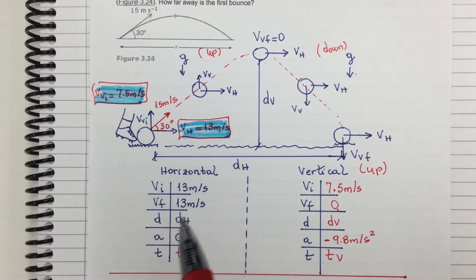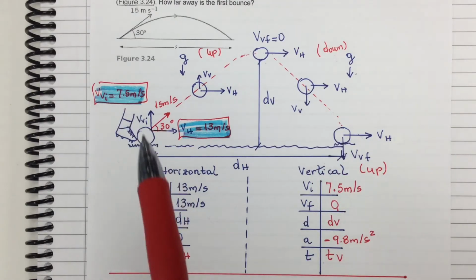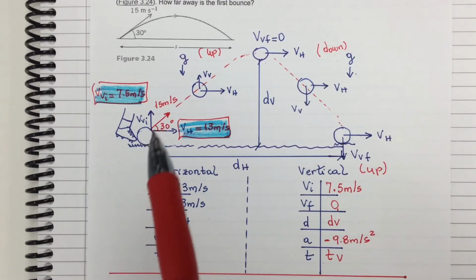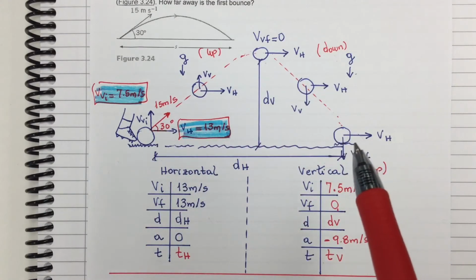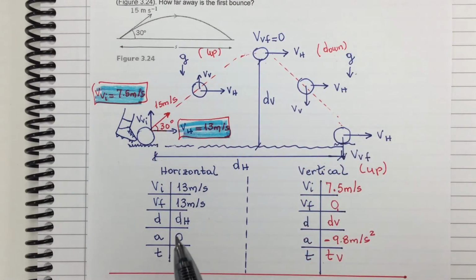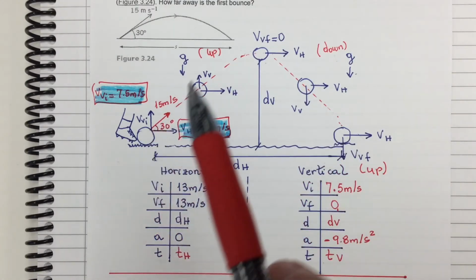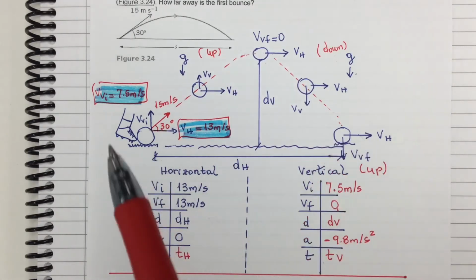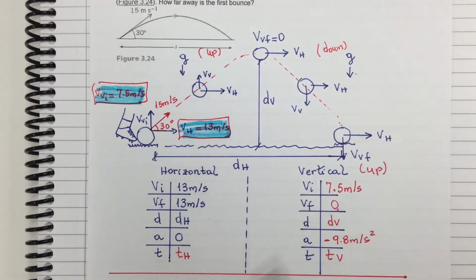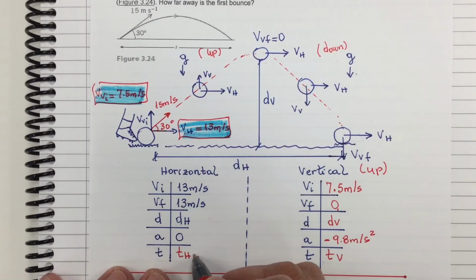And the horizontal distance will be from where it was kicked to where it landed. And the acceleration is 0 because there is no change in velocity. And we are going to call this time, the horizontal time, the total time in the air. So going up and coming down. But we are going to call this TH, or the time in the air.